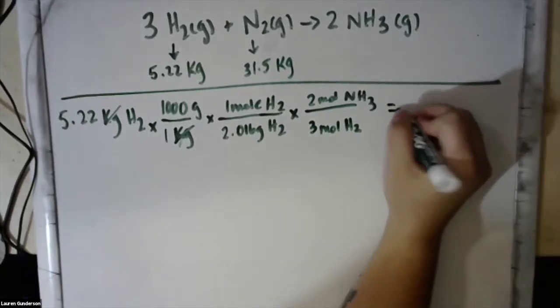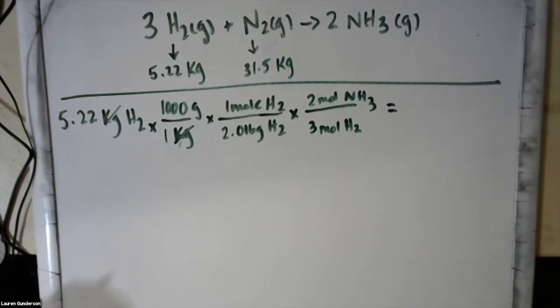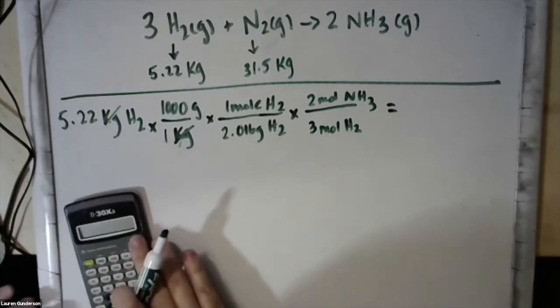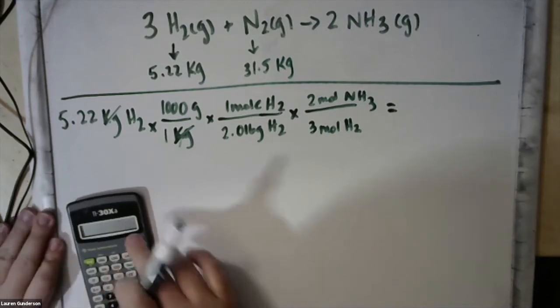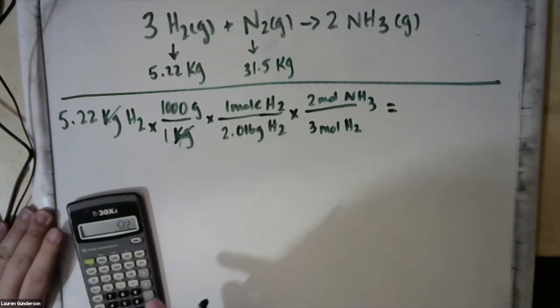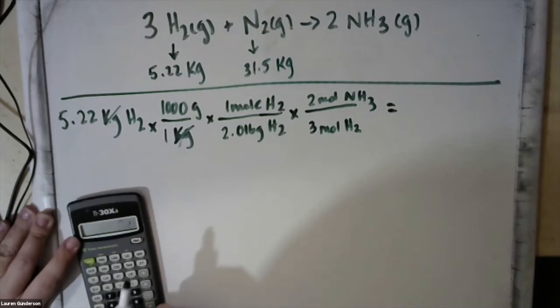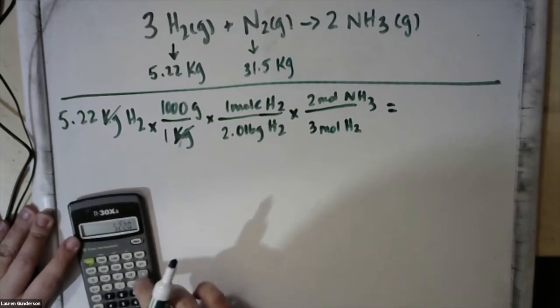We can calculate the moles of ammonia we'll produce from this information. So pull out your calculator, try it out. Don't just wait for me to do the work. You should be trying it out yourself as well to make sure you're getting the same answer as me.